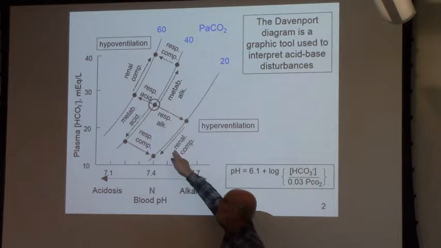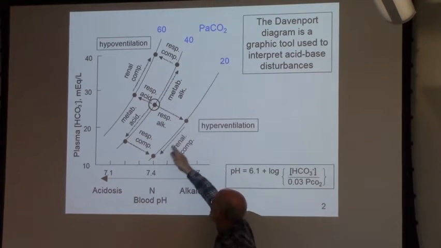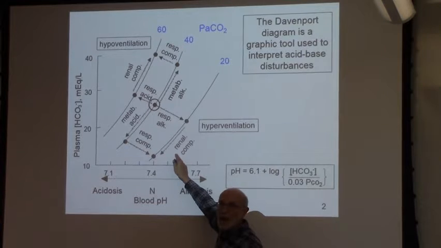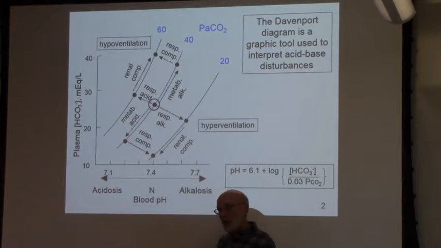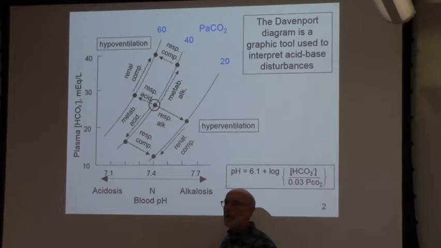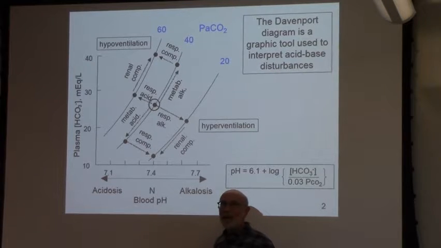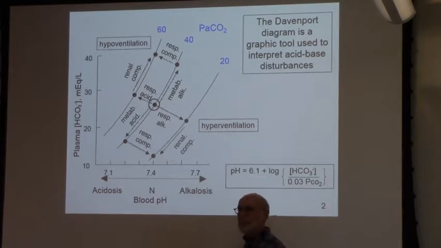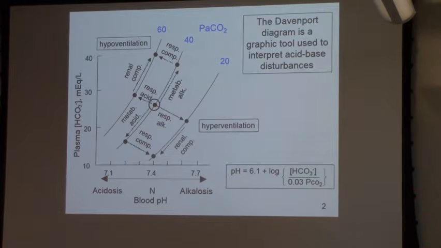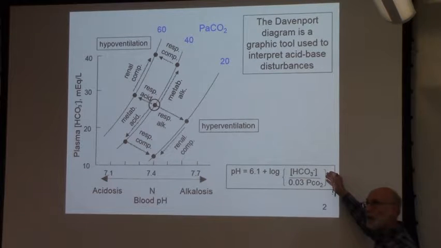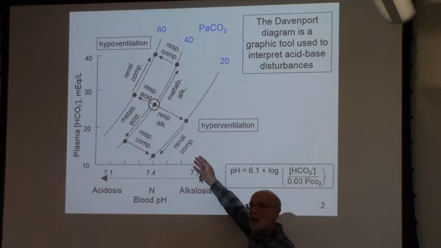So if you say renal compensation for this effect, I'll accept it. But for now, we're just calling it metabolic. Metabolic being anything besides respiratory. So we have used the Henderson-Hasselbalch equation, but in a highly graphical way.